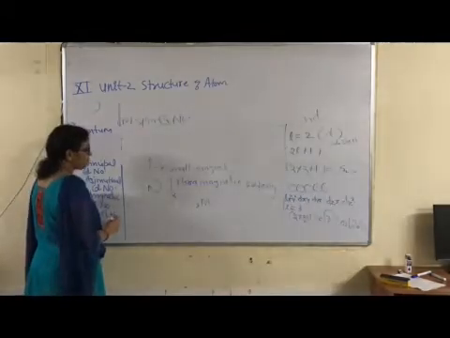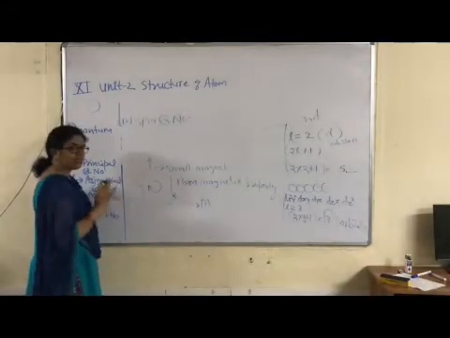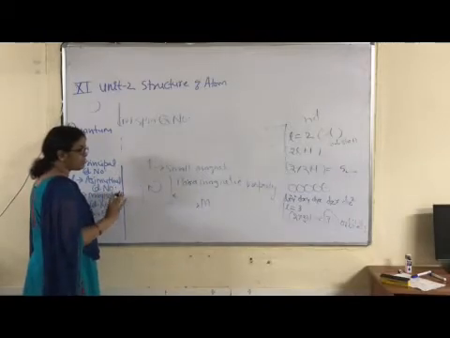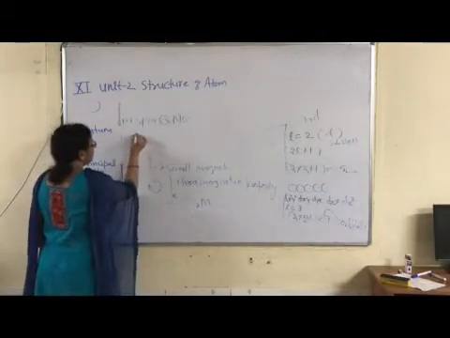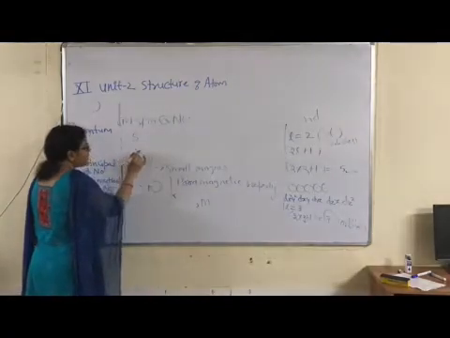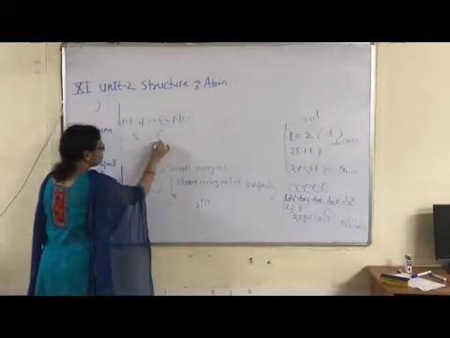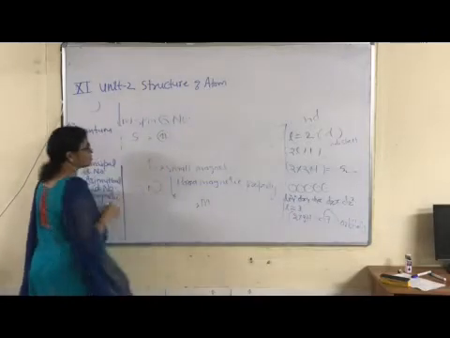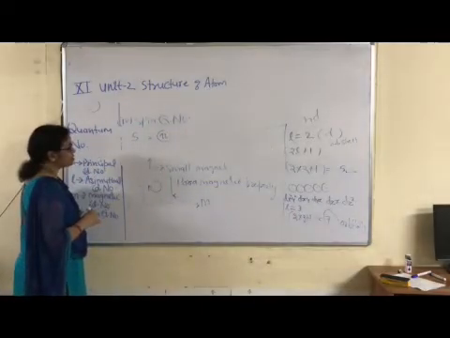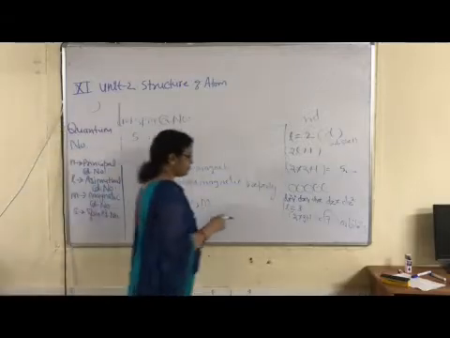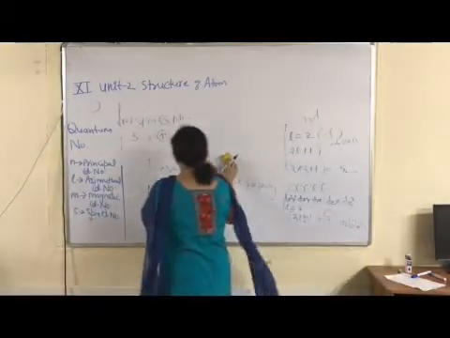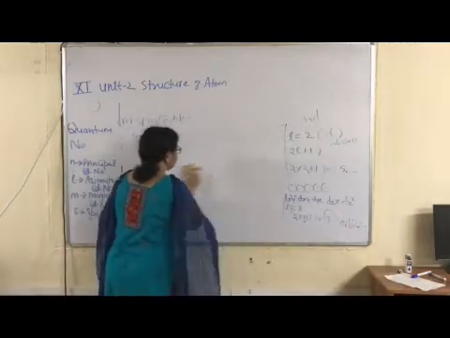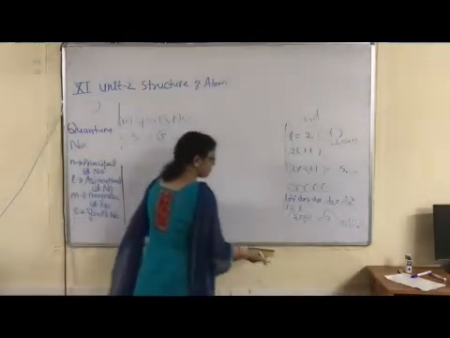Right? Now, any single orbital can accommodate a maximum of 2 electrons. For example, in the orbital of the S subshell, where only one orbital is present, how many electrons are possible? Maximum 2 electrons, right? In the P subshell, where 3 orbitals are present, what are the possible values of spin quantum numbers?